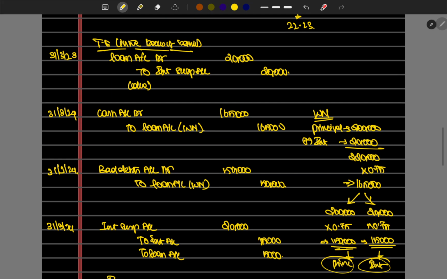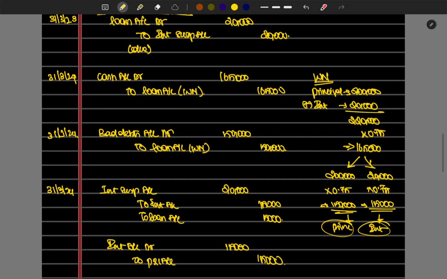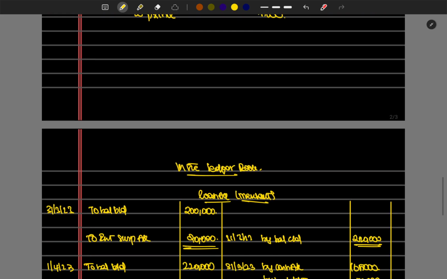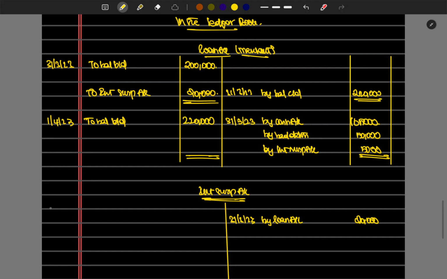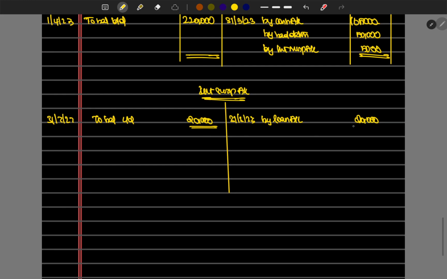We have recognized the first interest amount, which is rupees 20,000, to loan account, to balance carried down, which is 20,000. That year is over. 1/4/23, by balance brought down, which is rupees 20,000.